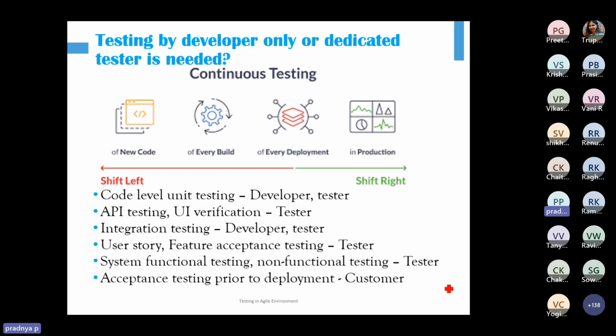So testing is not only the responsibility of the tester, but it is a joint responsibility. But we as a testing team are going to be the key people in driving this activity. It's continuous testing. Every new code, every new build, every new deployment has to be tested thoroughly, right? To ensure that we are not having any issues in production.